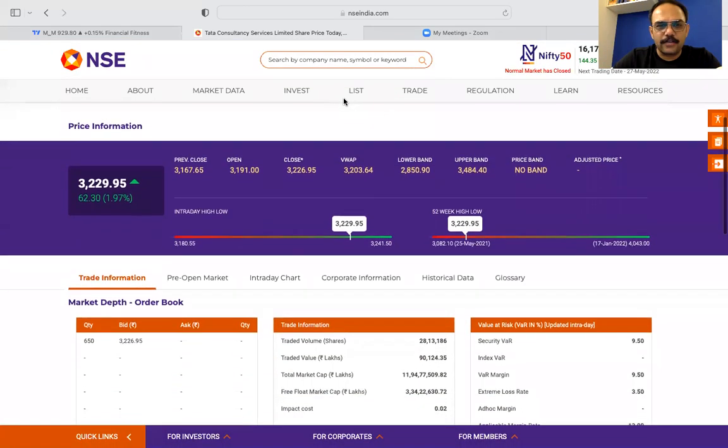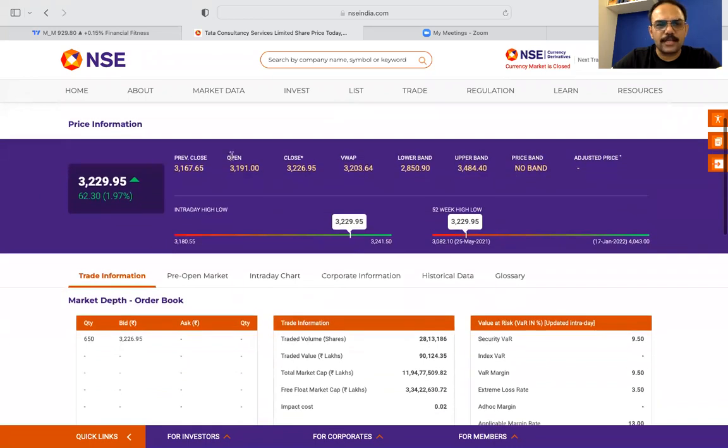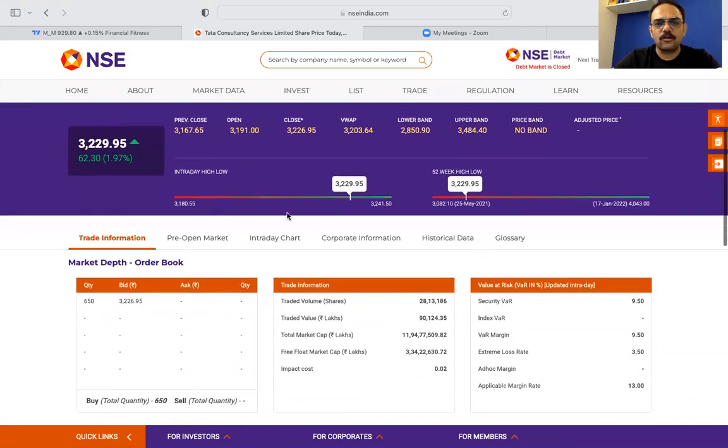Now, the data you got for TCS, you can see this open, close, and this high, low, intraday, high low band. Correct? Now, every day in the morning, the market opens at 9:15.